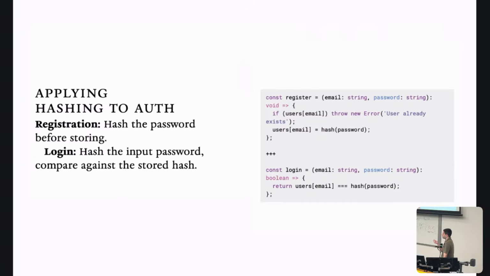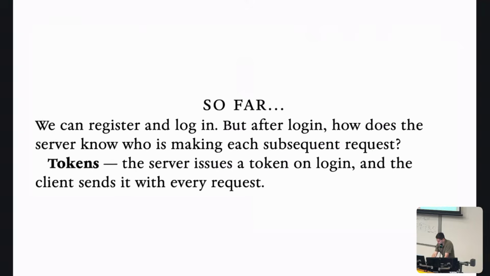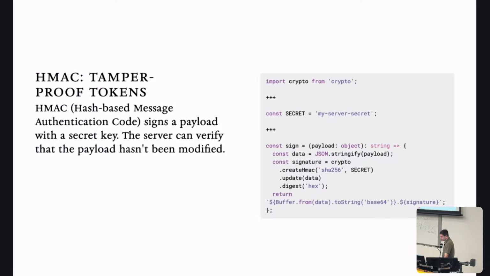To prevent, for example, the level of access. Because in here, the level of access is stored in the token and is sent to the client. Yeah, that's correct.